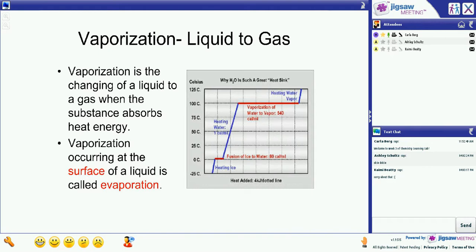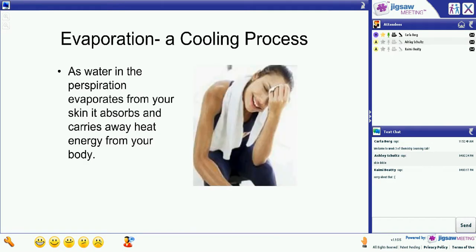It is evaporating. Evaporation is a cooling process. As water in the perspiration evaporates from your skin, it absorbs and carries away heat energy from your body. It's enabling your body to lose energy. It's enabling the water as you're boiling it to lose energy as well.